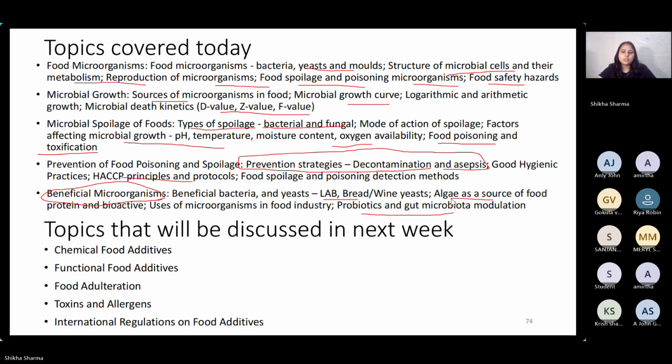We have also seen that algae can be used as a good source of proteins and other bioactive compounds. In the next class we'll be discussing chemical food additives, functional food additives, food adulterations, toxics and allergens, and international regulations on food additives.